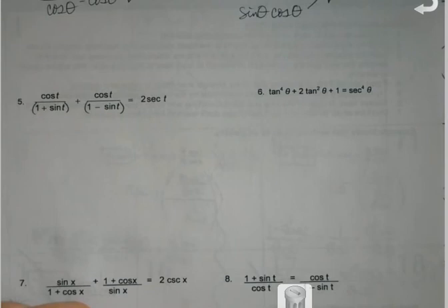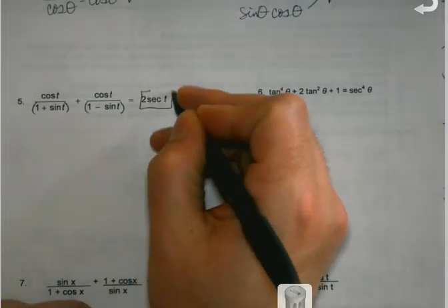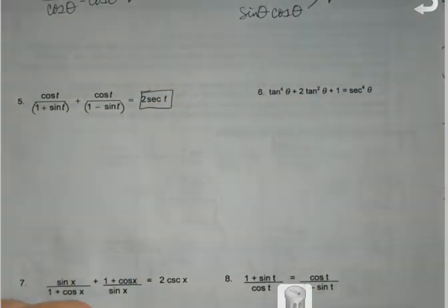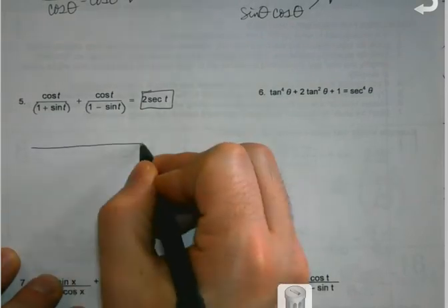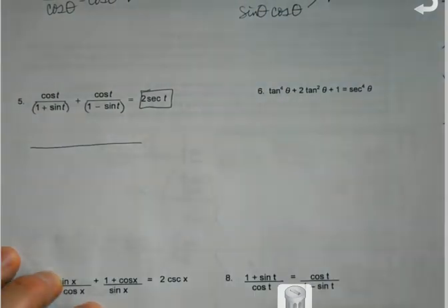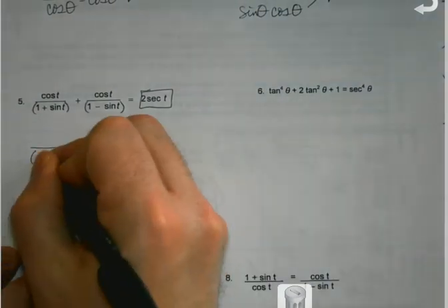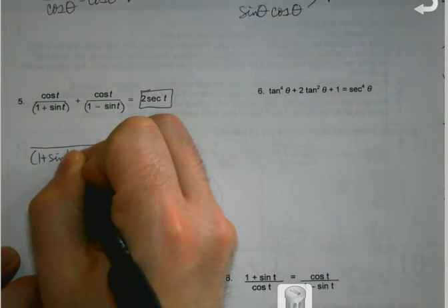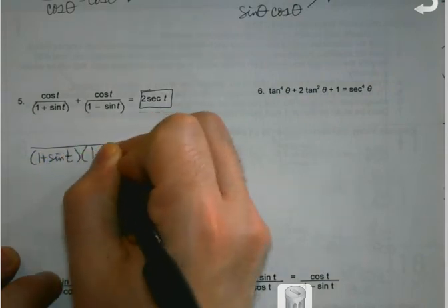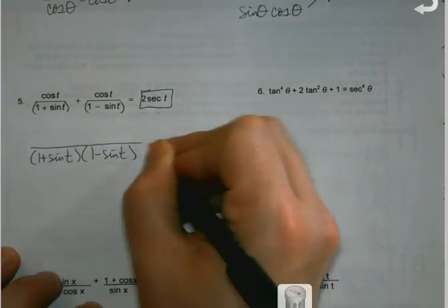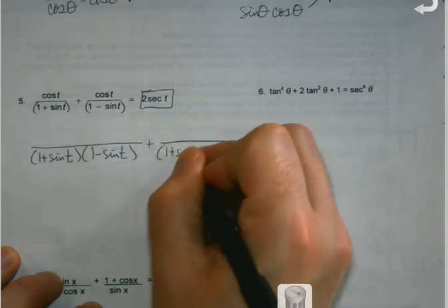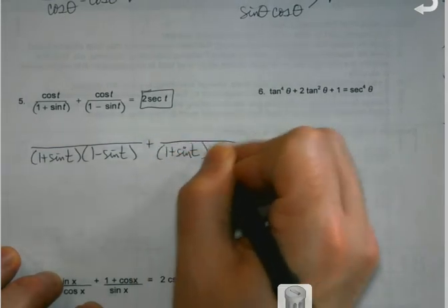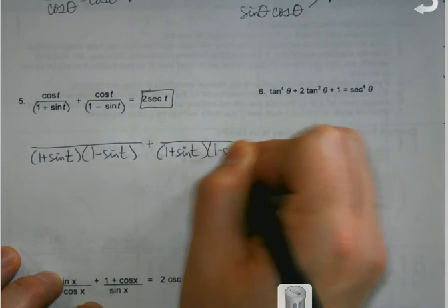So I start to look and I say, okay, basically here, to get this into a set where I've got my correct denominator, which is going to be 1 plus the sine of t, 1 minus the sine of t. And I'm actually going to break this into the 2 this time. Because I want to see how every piece of this works.